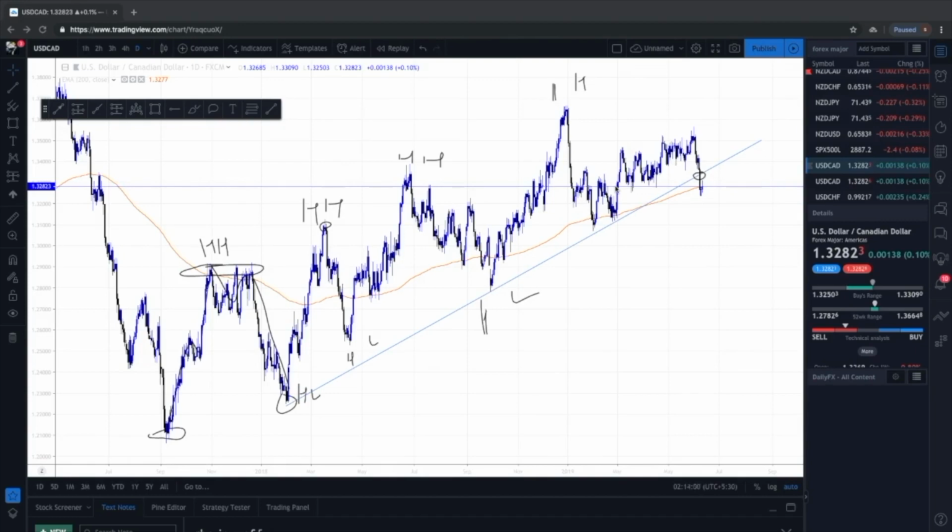The price is always right and it always gives us a proper indication if we look for it. Whenever a trend line is about to break, or whenever something changes in the market, the price is the first to indicate it to us. So what tells us that the trend line is about to break?